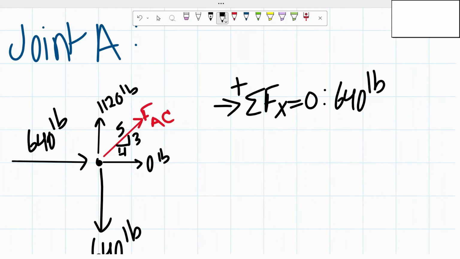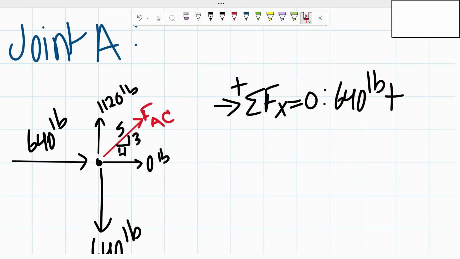And then since we assume that the force of the member AC is in tension, it's going to be away from that joint, and in this occasion, it's going to the right, so that would be a positive force. And since we're doing the sum of the forces in the x direction, we're trying to determine its horizontal component. So we're going to be multiplying the force by 4 over 5.